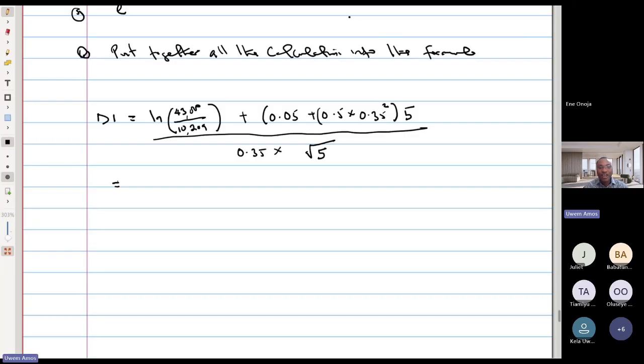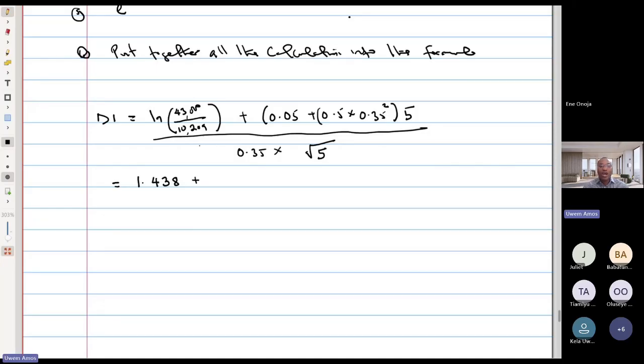Press that, and you'll have LN showing on the face of your calculator. Type in 43,000 divided by 10,209, then close the bracket. That gives you 1.438.